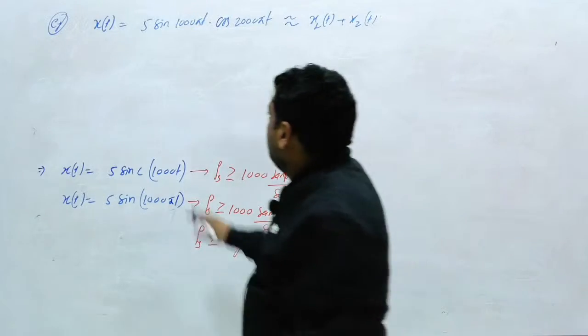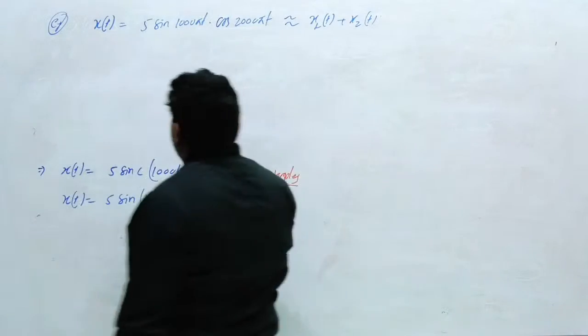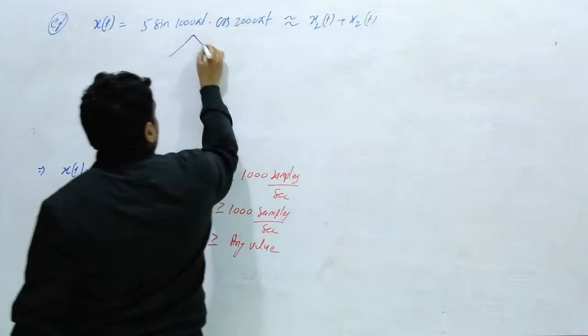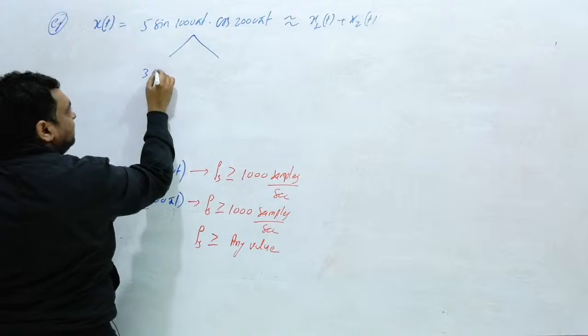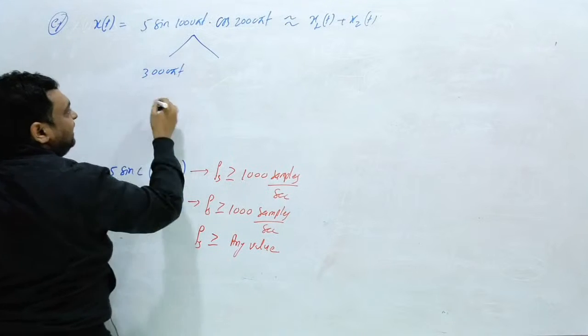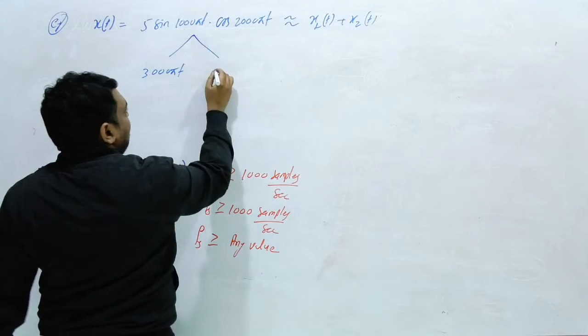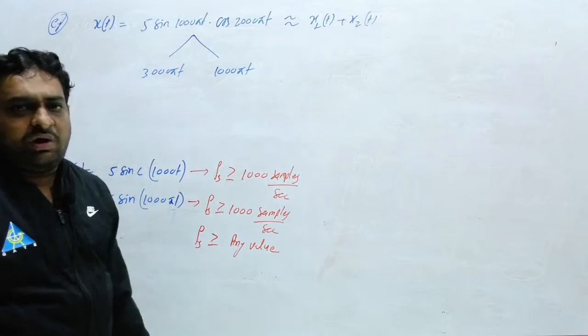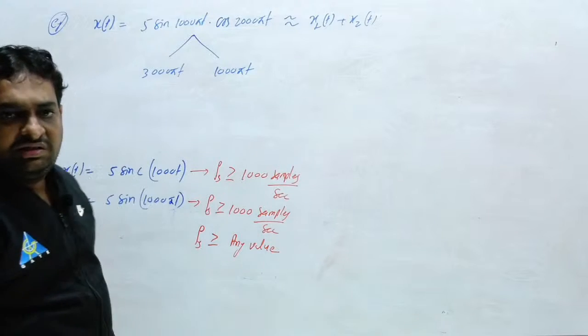Clear? Now here sin A cos B or cos A sin B you can apply. So here two frequency components you will get. One will be 3000 pi t, and second will be 2000 minus 1000 pi t. I am not interested in negative or positive, I am interested in the value.